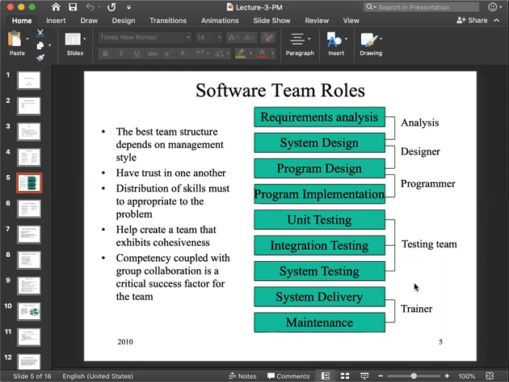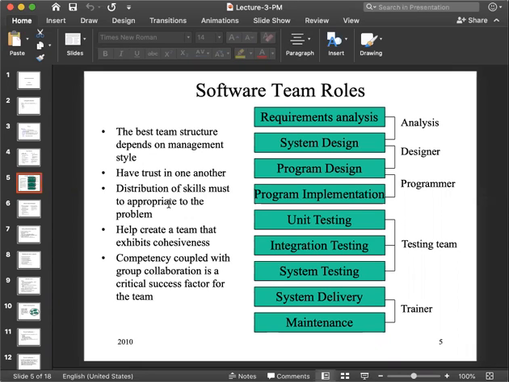Okay, so the base team structure depends on the management style. Base team আমরা ওটাকেই বলবো যেটা ম্যানেজমেন্টের সবচেয়ে বেস্ট ম্যানেজমেন্ট আমাকে প্রোভাইড করতে পারবে। So team leader is a very important thing. Then these people are also important in a software team. They must have trust in each other. They distribute their skill, must be appreciative to the problem and help to create a team that exhibits the cohesive and competitivity coupled with the collaboration and critical success factor to the team.